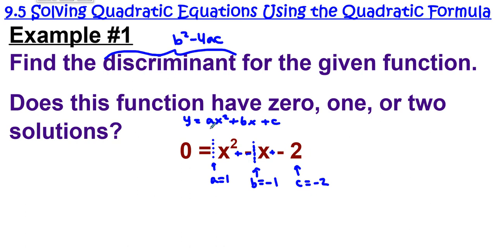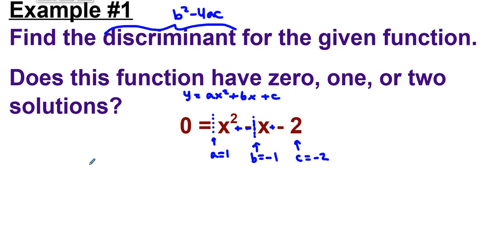So the discriminant, b squared minus 4ac, is, well, plug in negative 1 for b, and make sure you put it in parentheses because you have to square the entire b value. So you're squaring negative 1. It's not negative 1 squared. It's the quantity negative 1 squared.